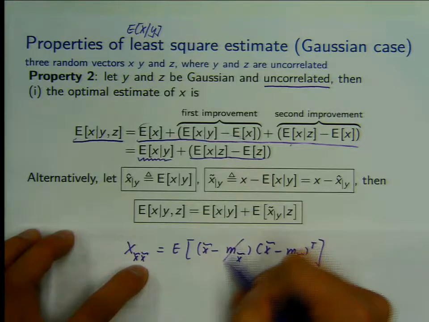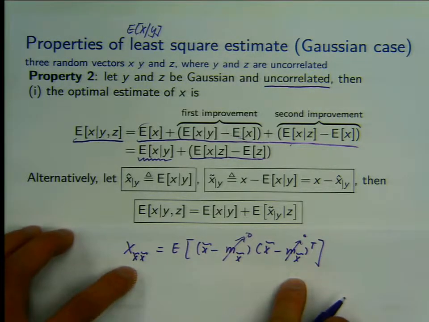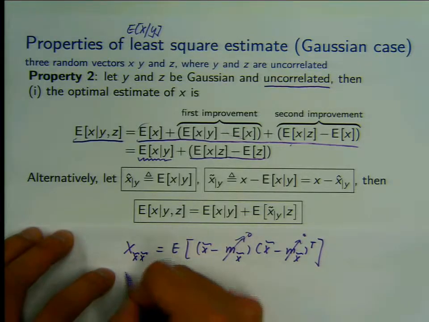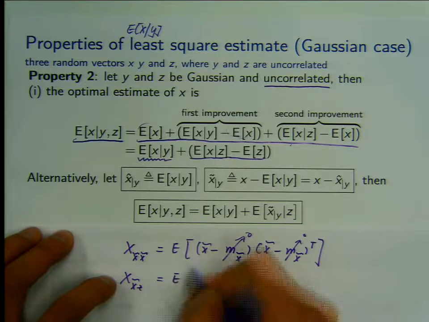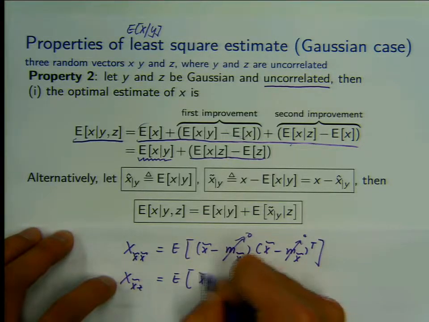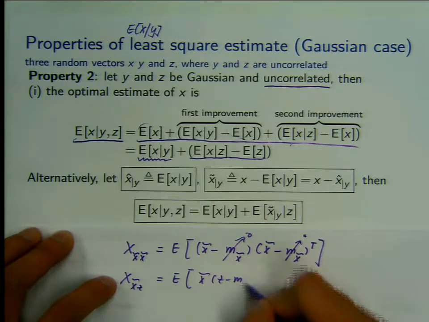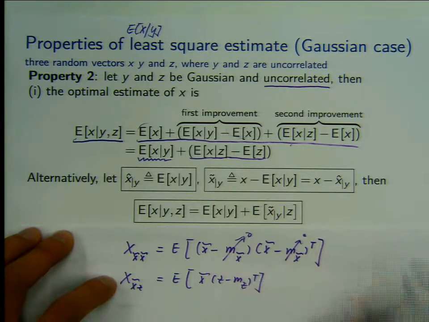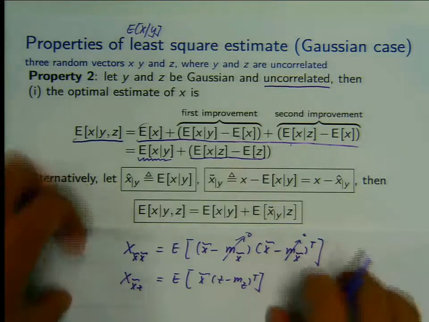Because this is an unbiased estimation, these means are zeros. I'm going to also introduce the cross covariance between x tilde and z. This time, I won't write down the expectation sign because it's unbiased. Okay? This will be useful for our discussions.